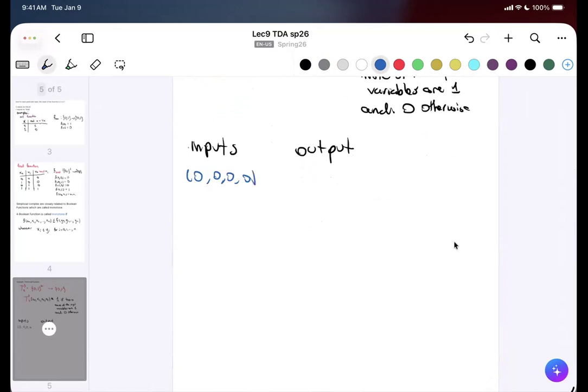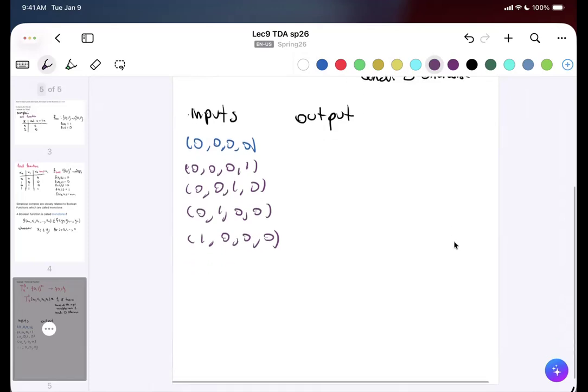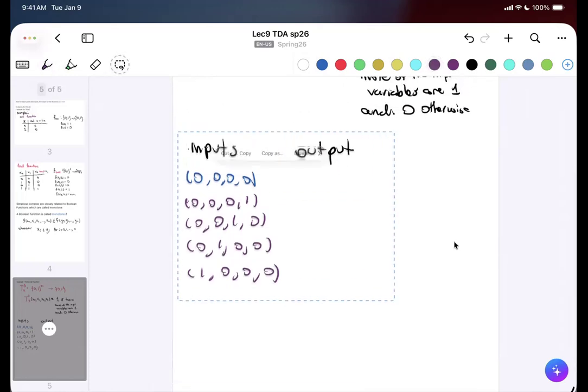Then I'll list the next four, and I'll use a different color because there's going to be a difference. This is a tedious thing to do, but I worked it out before, otherwise it would take forever to make sure I'm doing it in the right order.